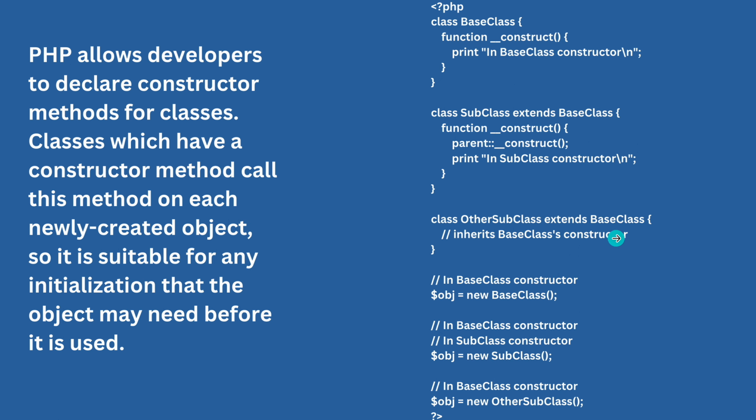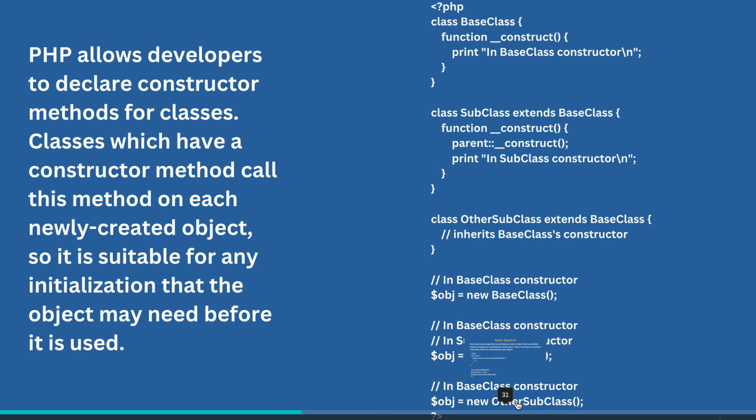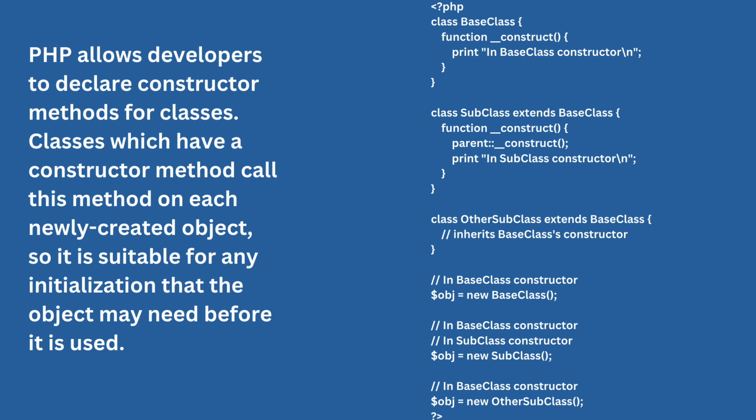So this class will have all the properties of the base class, and I'm not writing any code inside it. I'm not defining any constructor for this class. So which constructor will be called? The base class constructor will be called. Clear? Any questions, guys? Let me know.